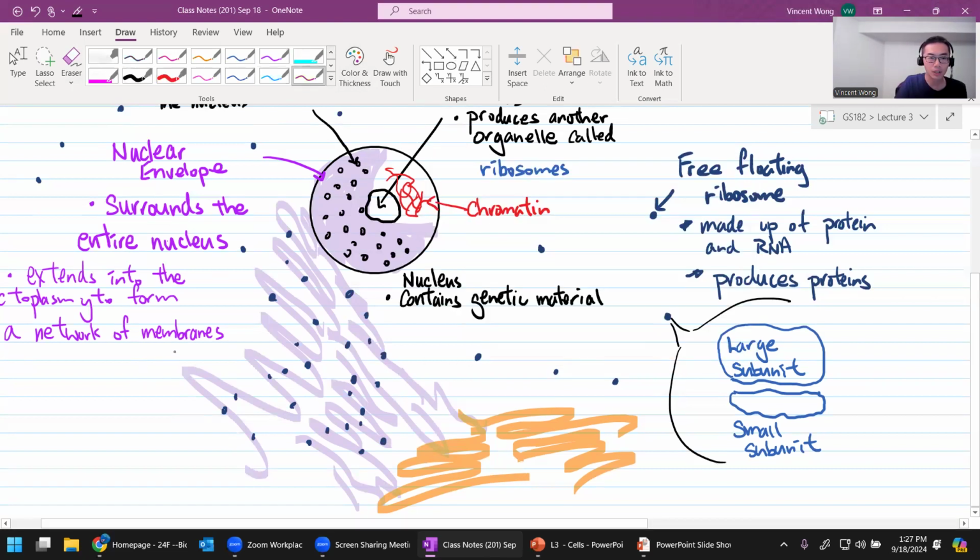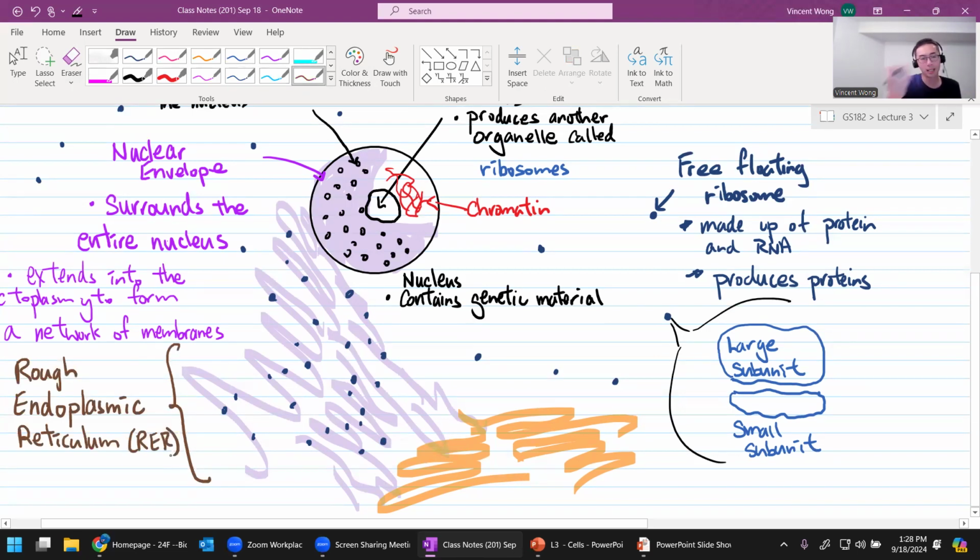This is called the rough endoplasmic reticulum, RER. I'm really sorry about the long name, I didn't make them up. That's just what they're called. People look at these structures under the microscope and they look rough, bumpy, because of the ribosomes.